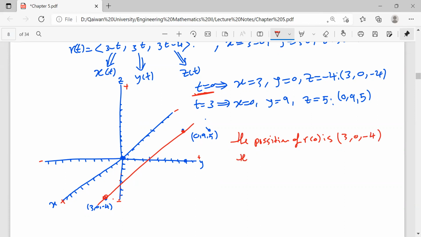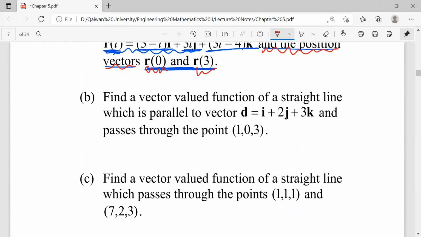And the position of r of 3 is 0, 9, and 5. This is the position of this point, where this is r of 0 and this is r of 3. These are the positions of those 2 vectors. Okay? This is the answer for the first example.